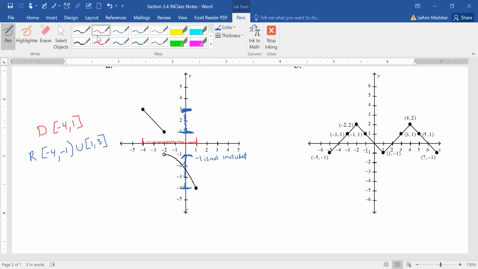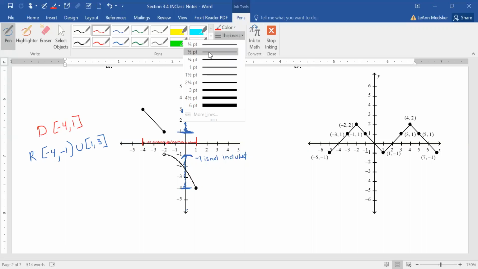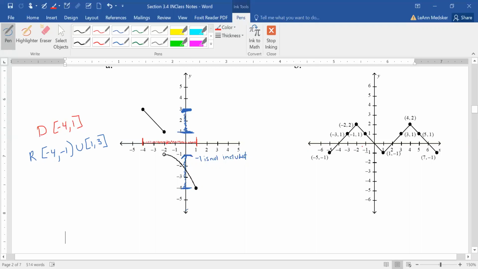So let's go ahead and do the same thing over here on part B, and then we'll come back and answer the other portion of this question. So it looks like our x's start at about -5, and we have every x value above or below, there's always a point, all the way up to +7. So my domain on this one would be from -5 to 7 inclusive.